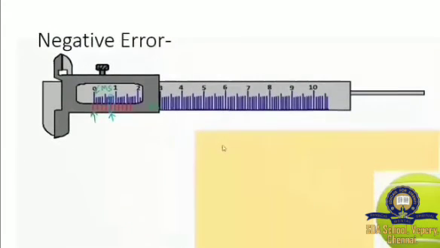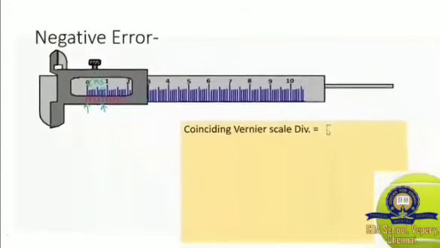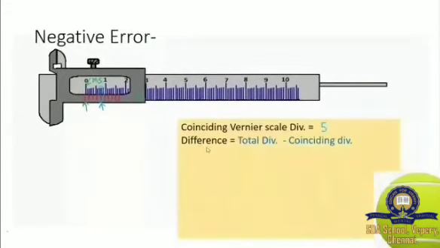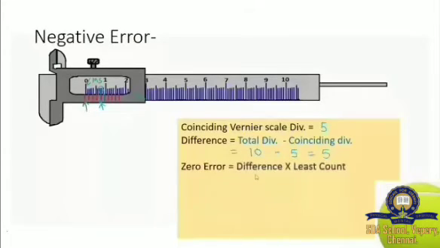See, exactly in this line. So the coinciding vernier scale division is equal to 5. Then we'll find the difference: total number of divisions minus coinciding division. The total number of divisions on the vernier scale is 10 and the coinciding division is 5. So we got a difference of 5.